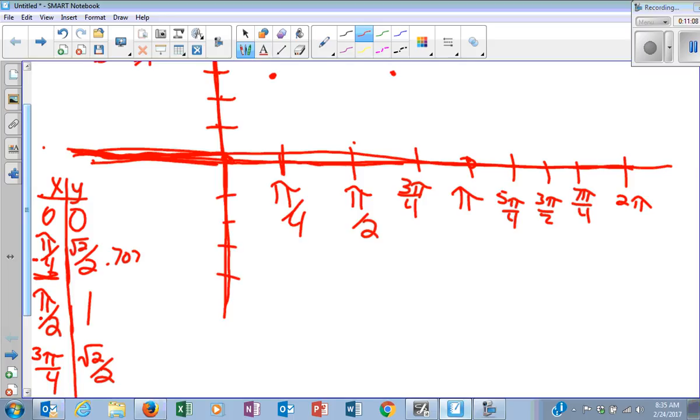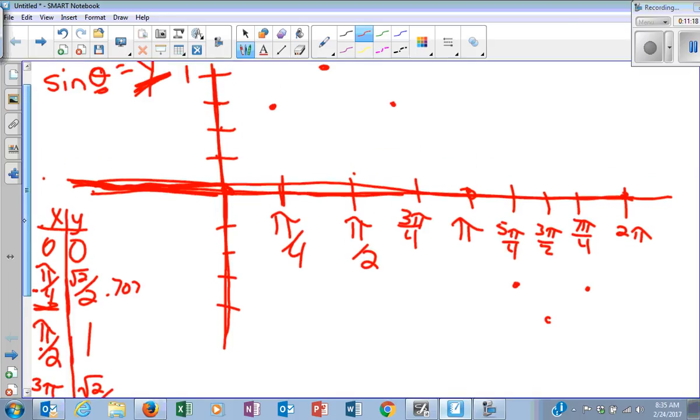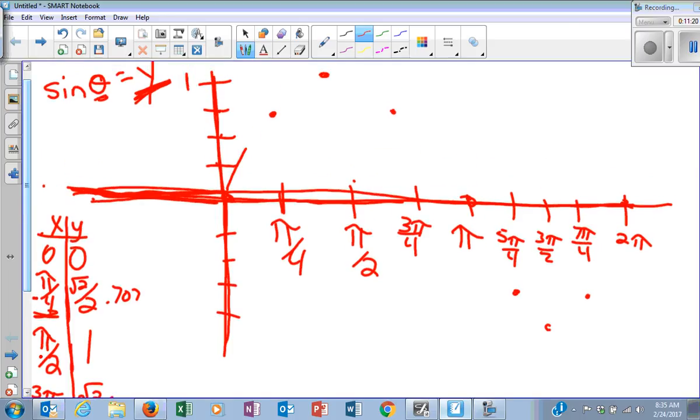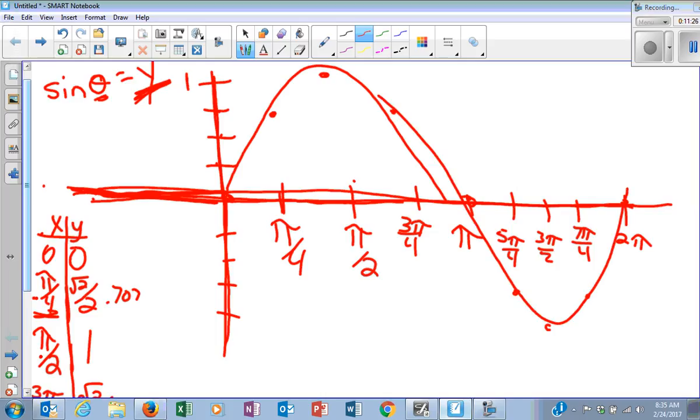Then this should go to 1, then this should go back to here, then this should go back to 0, and eventually, like we said, it's going to make a graph like that. So it starts at 0, 0. We had that. You guys with me on this?